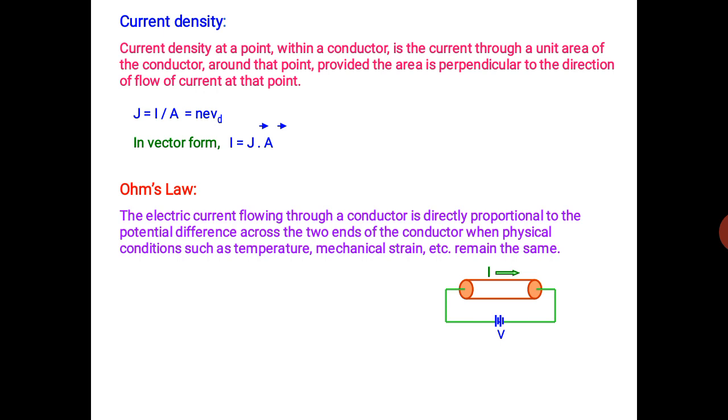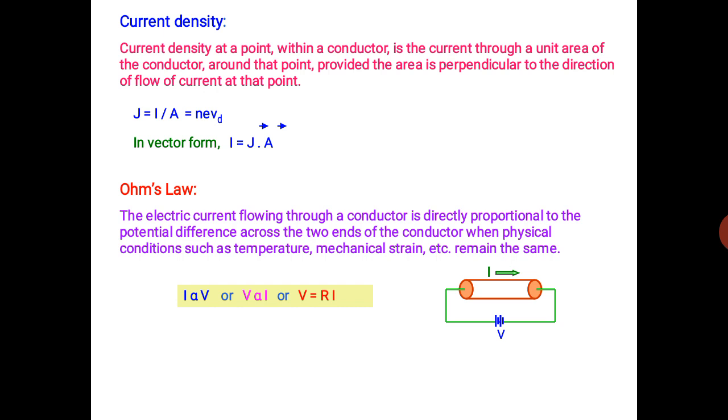Let the current flowing through the conductor be I, and the potential difference applied between the two ends of the conductor be V. If you increase the potential difference between the ends of the conductor, the current flowing through the conductor also increases. So mathematically, current and potential difference are proportional to each other.